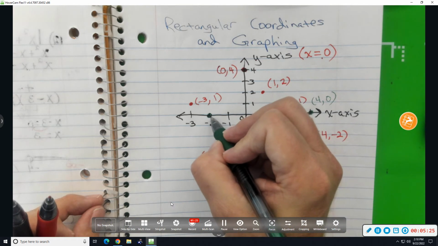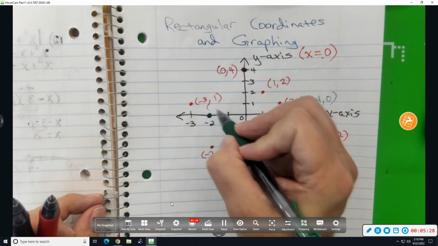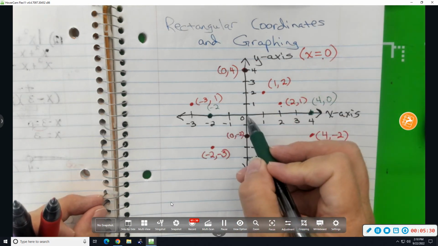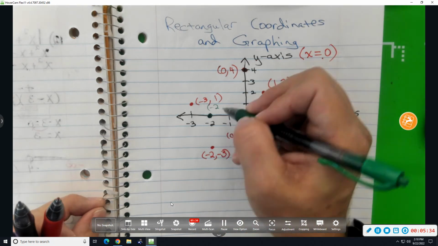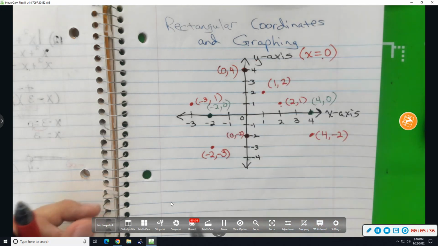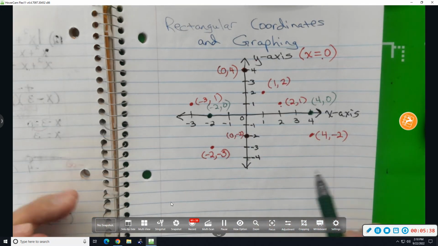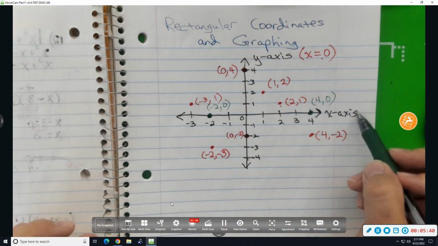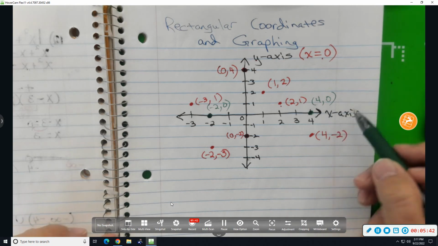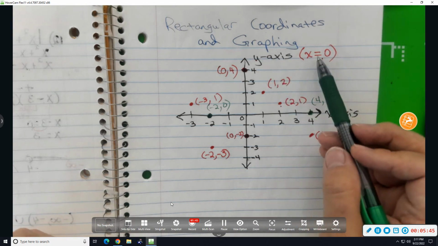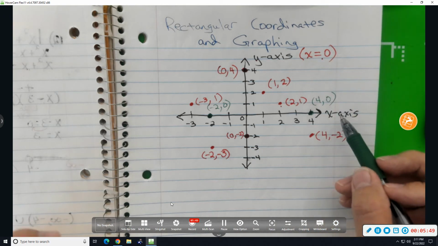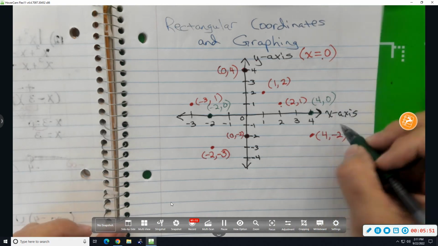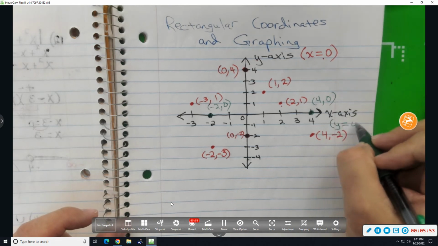We go left 2, and so the x value is negative 2. The y value is 0. So what can we conclude about all the y values on the x-axis? We said that on the y-axis, the x values are 0. So if a point is on the x-axis, the y value is equal to 0.